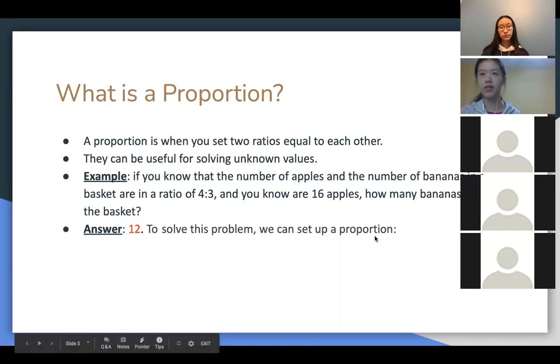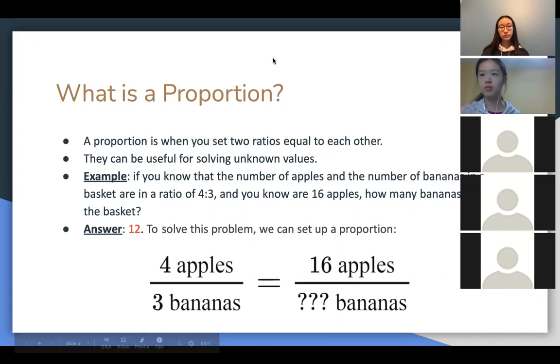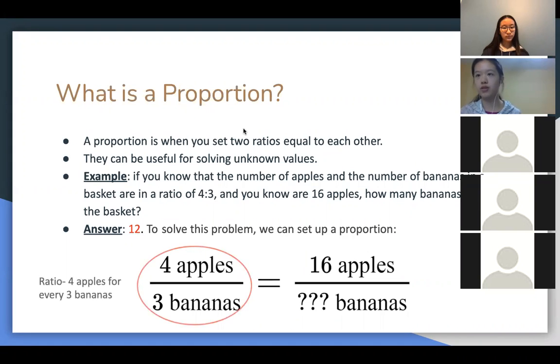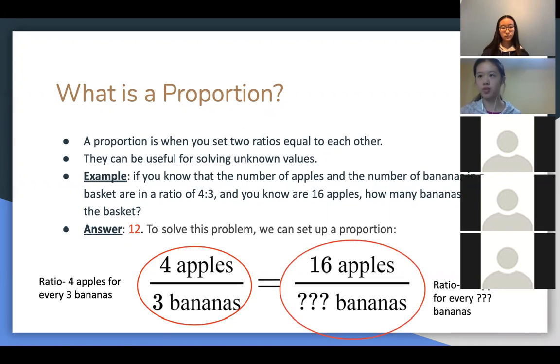So yeah, the answer is 12. And to solve this problem, we can set up a proportion. You know that the ratio of apples to bananas is 4:3. So on the left side of the equal sign, you can write 4 apples over 3 bananas. On the right side of the equal sign, you can write 16 apples over blank bananas. You can use a variable like x.